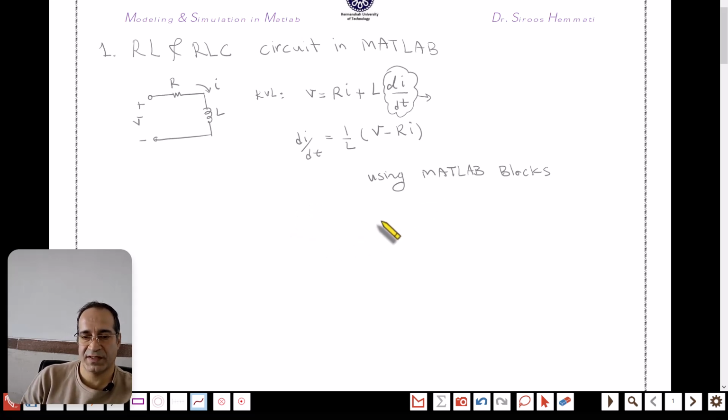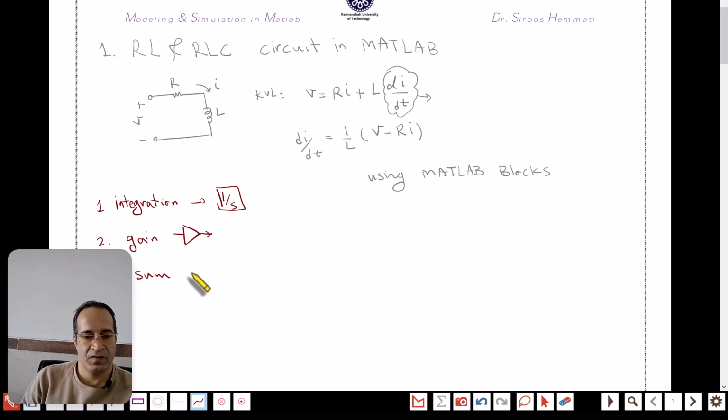The blocks that I'm going to use are the integration block, which is 1 over S, and then the gain block, which is like a triangle, and then I use sum for doing summation like this.